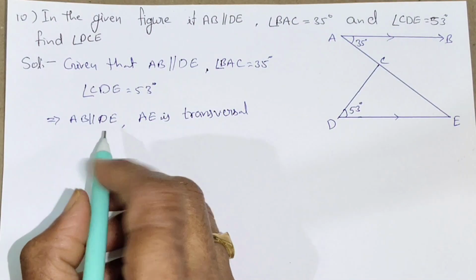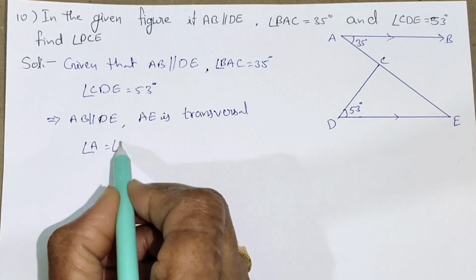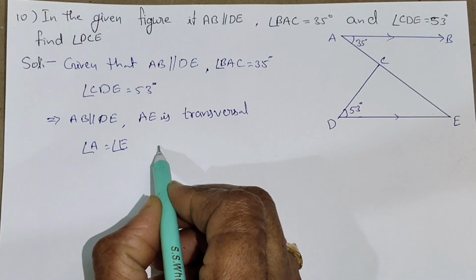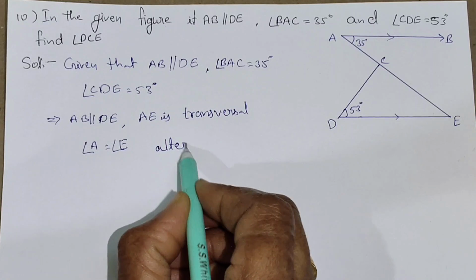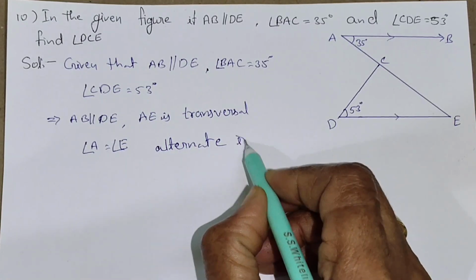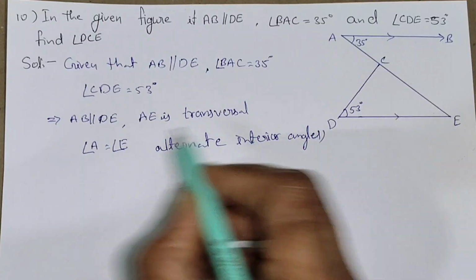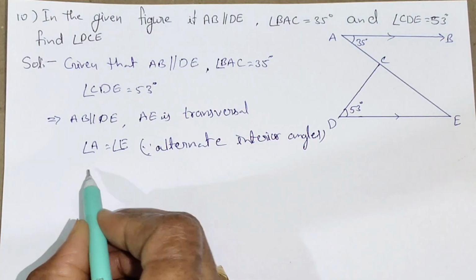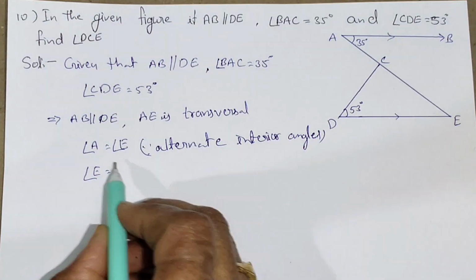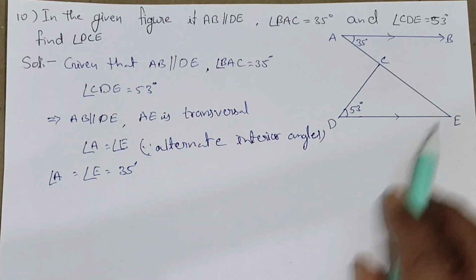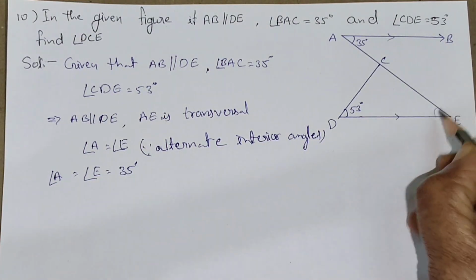They are alternate interior angles, and these two are equal. It means angle A is equal to 35, so angle E is also equal to 35 degrees. So this one is 35 degrees.